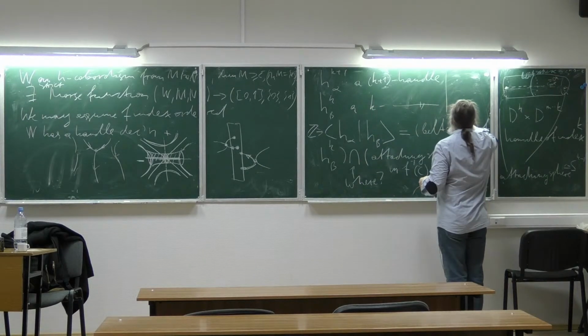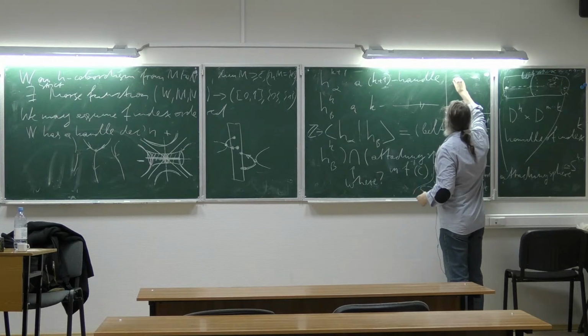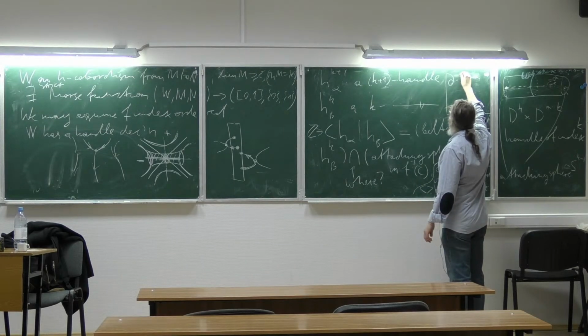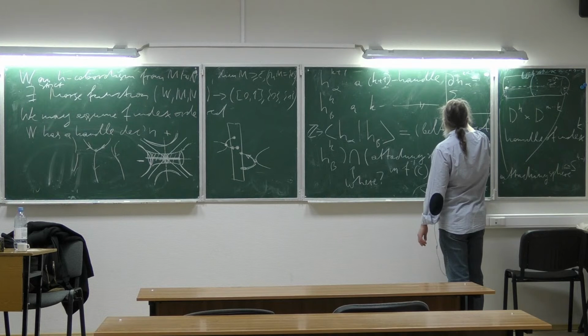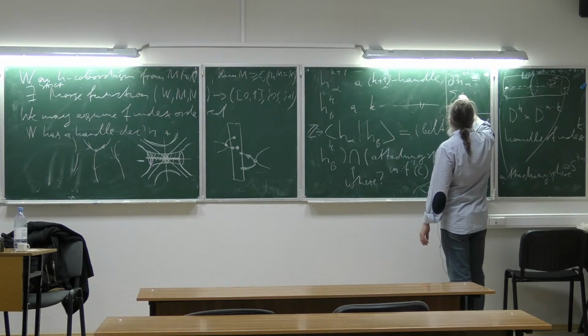Yes, so the differential of h k plus 1 alpha is the sum of beta h alpha h.